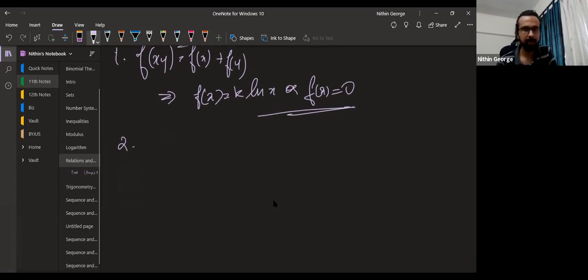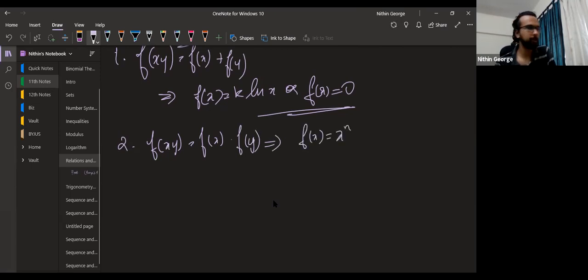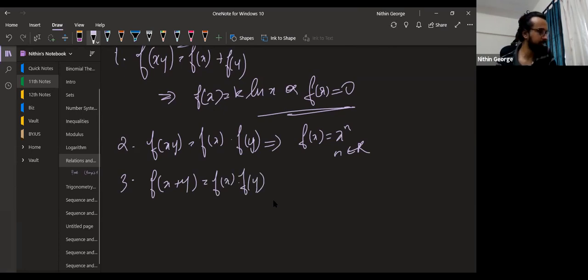Second one is if f of xy equal to f of x into f of y, then the function is x power n function, right? Where n is any real number. The third one is if f of x plus y equal to f of x into f of y, then f of x will be a power x.